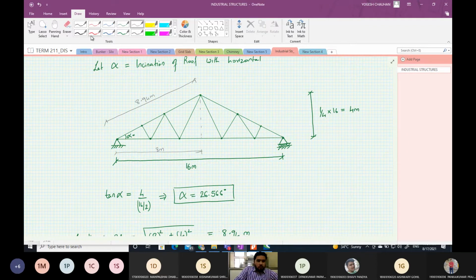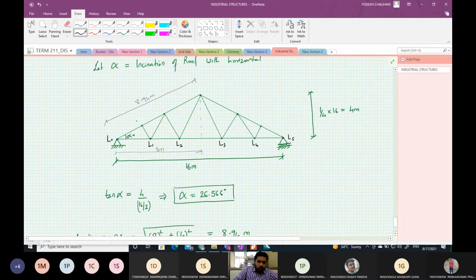Now let us designate this as L0, L1, L2, L3, L4, L5. They are the lower chord points.